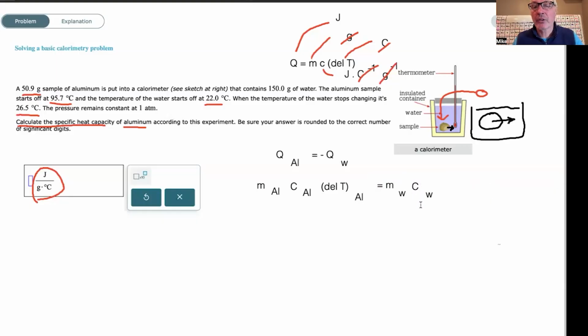Now, one thing I noticed is I don't think they really said in the problem, of course, I haven't read the problem completely thoroughly yet, they didn't really give us the heat capacity of water. I assume that they want us to look it up. That's pretty standard here.